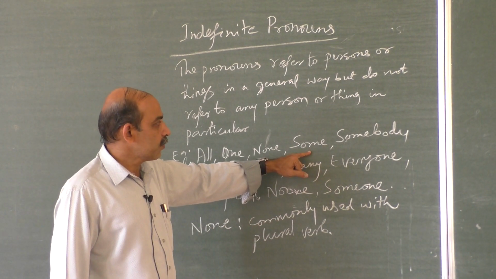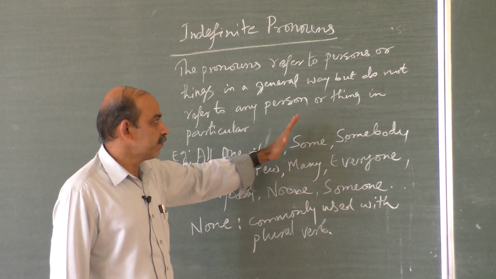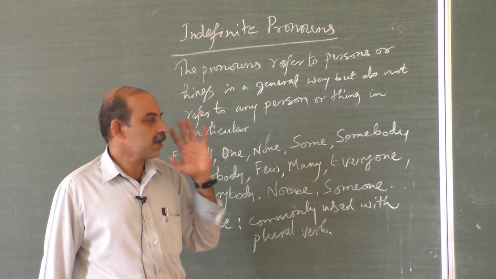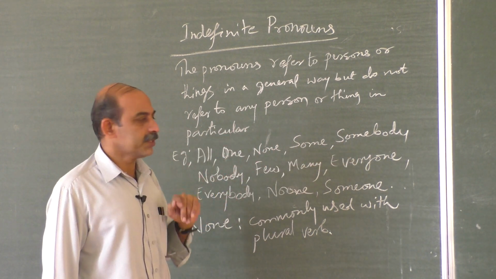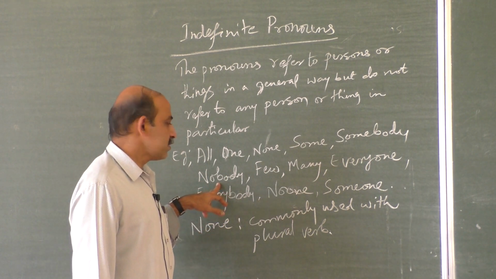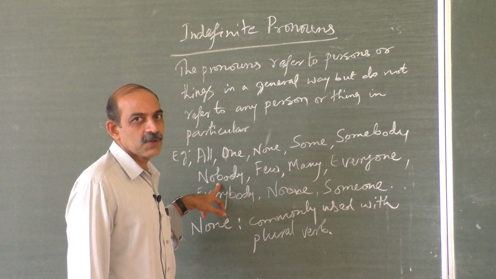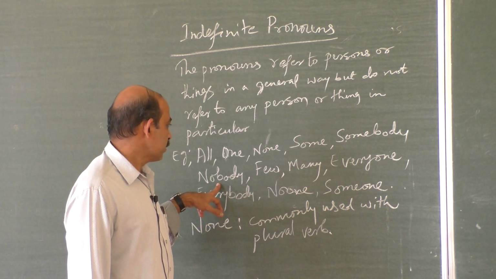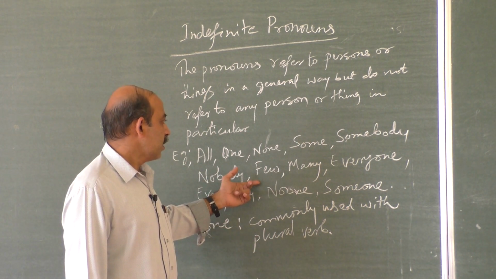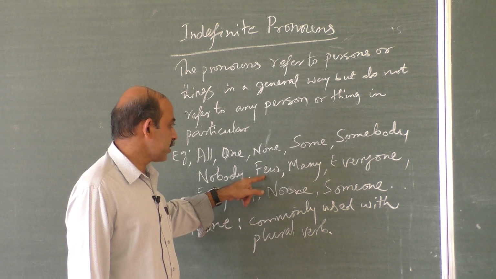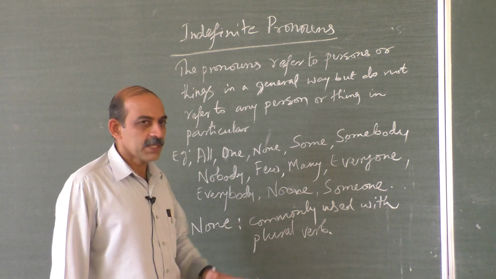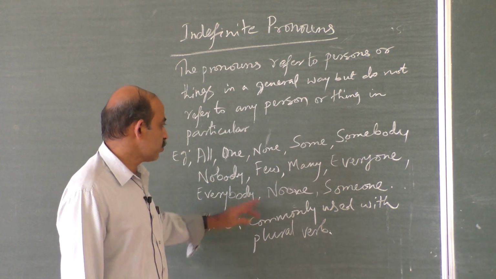Some go to the program, some go home the moment they are let off. Somebody is speaking in the class, somebody disturbs the teachers, somebody disturbs the other boy or the other girl. Nobody listens to the explanation of the teacher, nobody gives importance to the explanation. Few have entered; this depends on the context once again. For example, there are 10 or 15 or 40 or 60 students available.